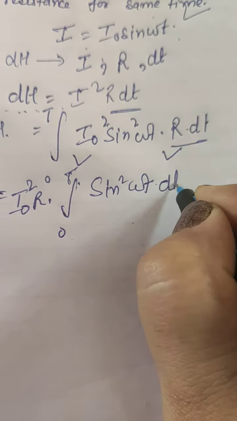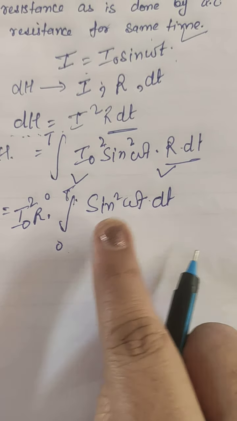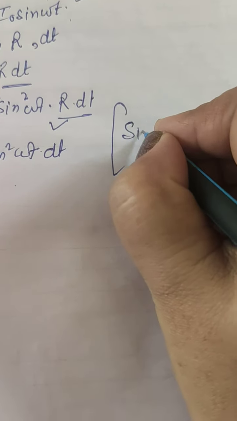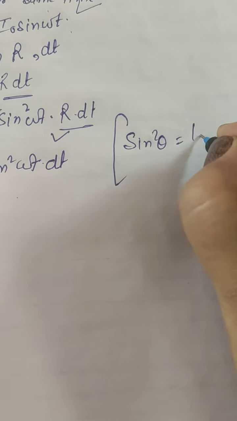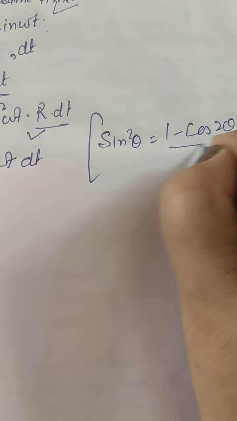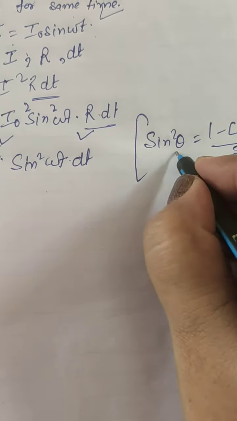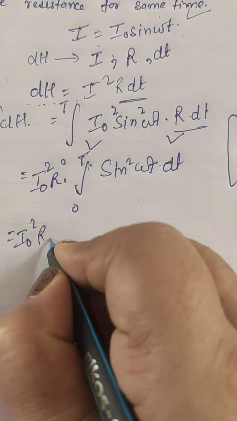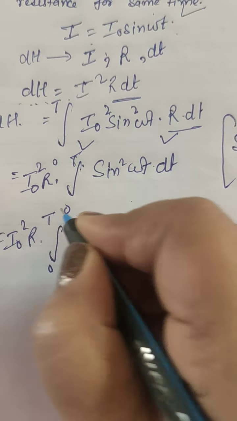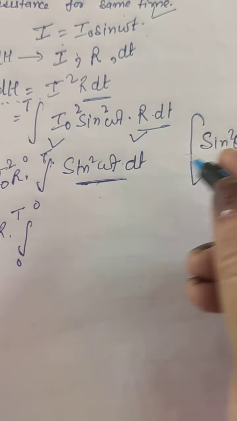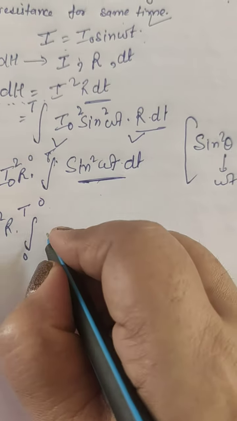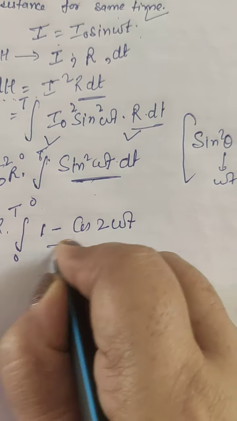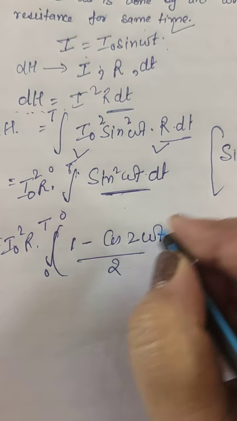Now we can't find the integration directly for sine square omega t, so we'll use the trigonometric formula sine square theta is equal to 1 minus cos of 2 theta by 2. Here theta is omega t. So instead of sine square omega t, we'll write 1 minus cos of 2 omega t divided by 2, into dt.